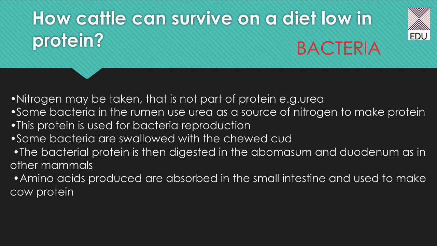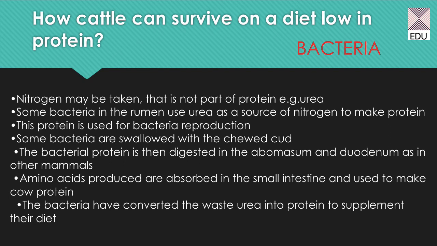So you may get a question on what is cow protein. Okay, now the bacteria have converted the waste urea into protein to supplement their diet. This is again a very important line, in connection with the earlier line: some bacteria in the rumen use urea as a source of nitrogen to make protein.